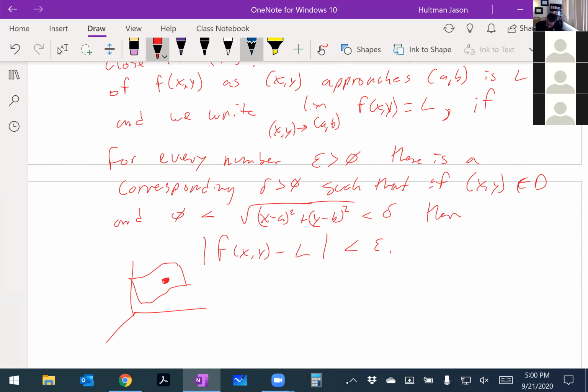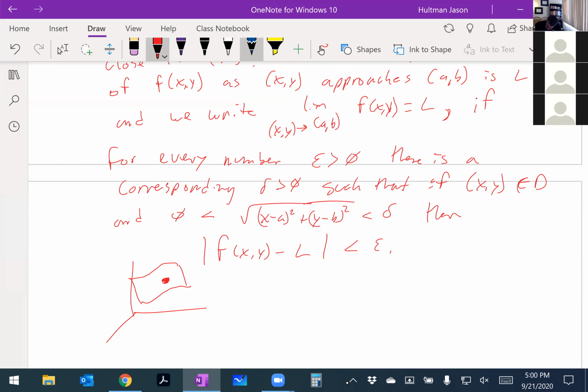And we're saying that as we approach this point from the x direction and from the y direction, then the distance between the (x, y) column, let's have 2 points here.